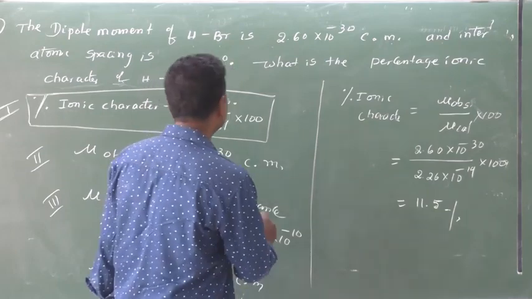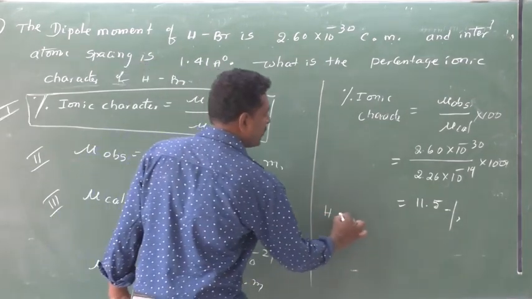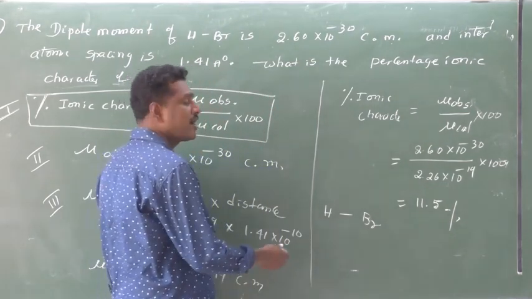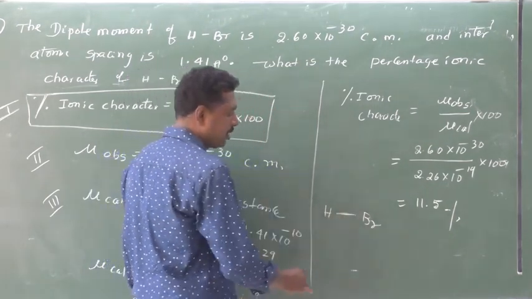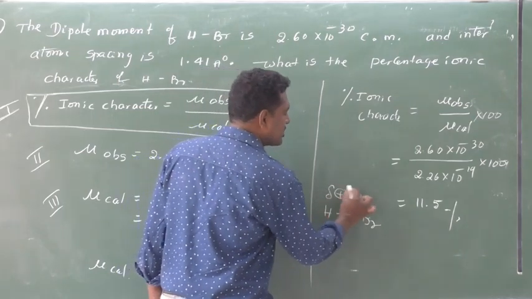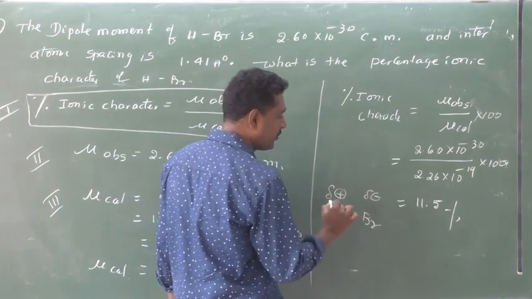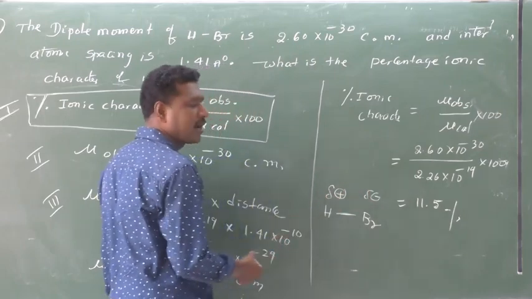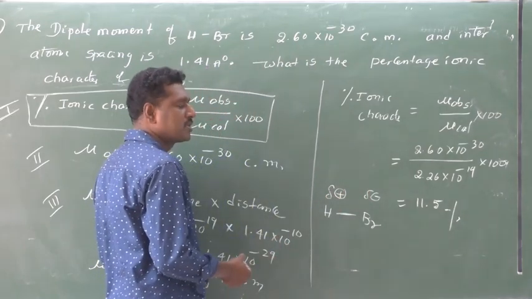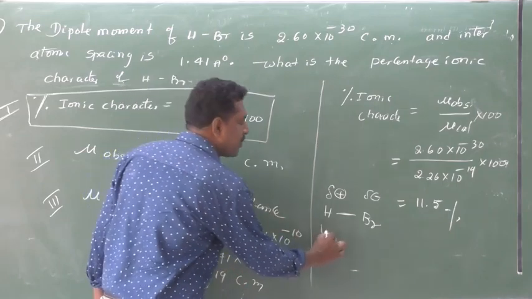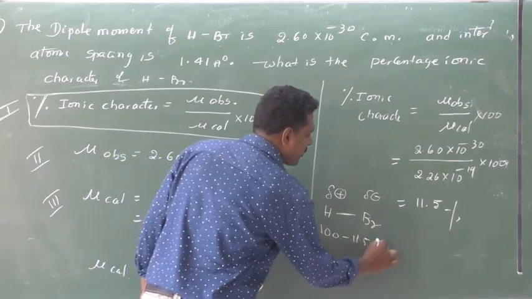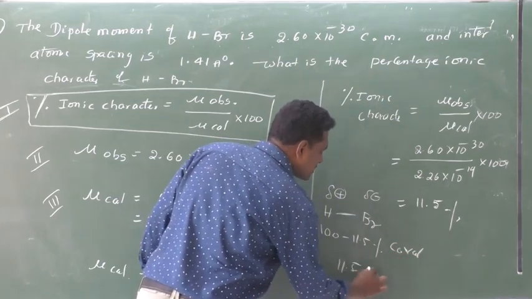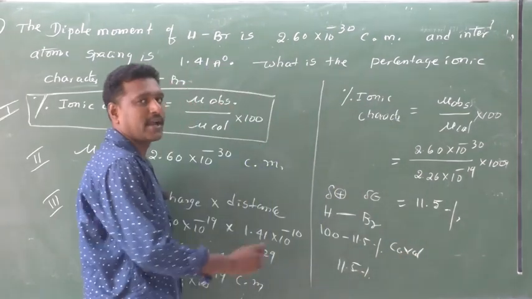This HBr molecule is actually a covalent molecule, so a covalent bond is there. One atom gets a positive charge and the other gets a negative charge. So 100 minus 11.5 is the covalent character, and 11.5% is the ionic character.